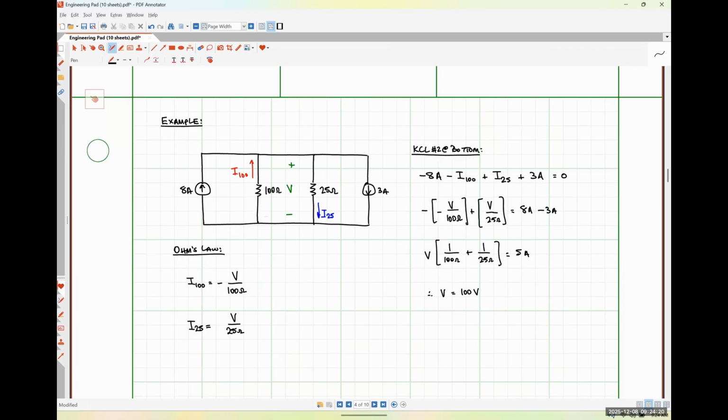And then substituting that value into this expression, I get negative 100 volts over 100 ohms is equal to negative 1 amp. I see some confused looks.